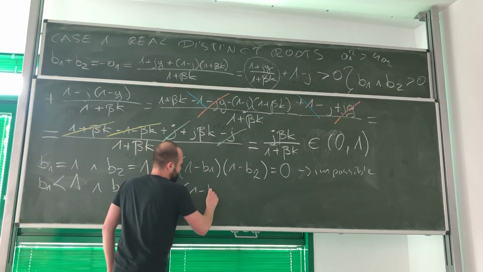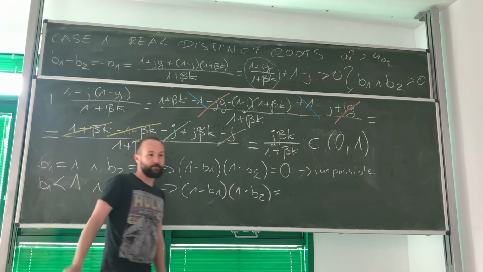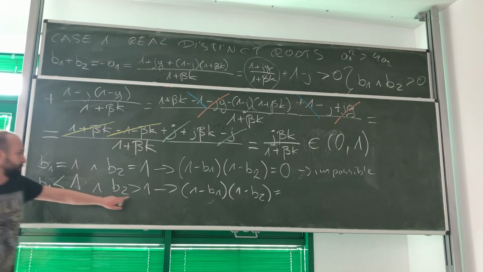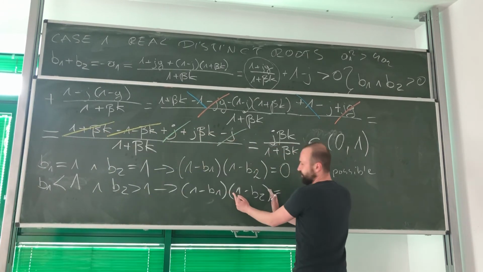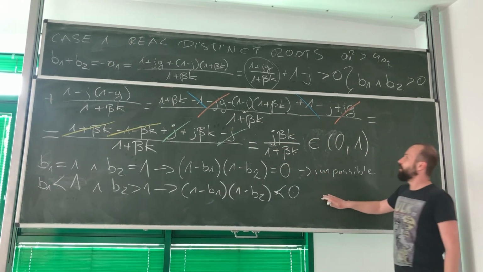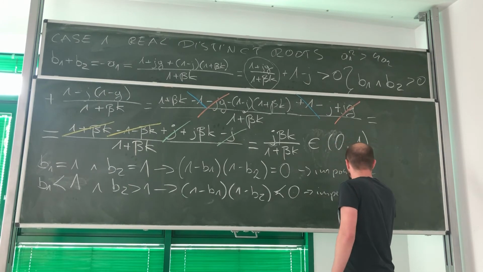Okay, then what could we say about this expression? If one of those is bigger than 1, this expression becomes negative. This one stays positive, so this is negative. However, we showed that within our model, this is impossible.